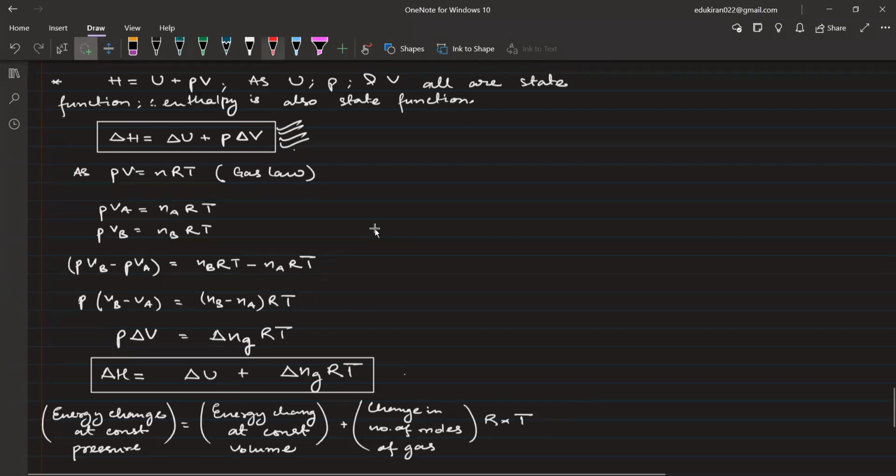See, this is very important. Okay, in a question they will not directly give you that delta U is this much and delta H is this much. They will say the energy change at constant pressure was found to be this much with this reaction at this temperature, calculate the change in energy at constant volume. Or they will directly say calculate the change in internal energy, or they will say that the change in energy at constant volume was found to be this much, which means they are giving delta U. Okay, so these terms you have to keep in mind.